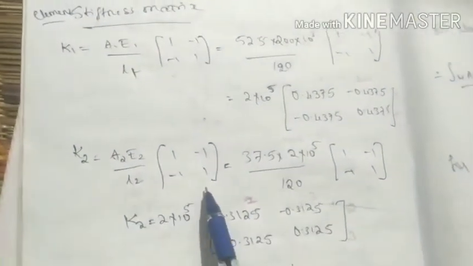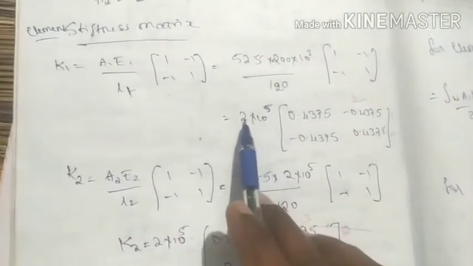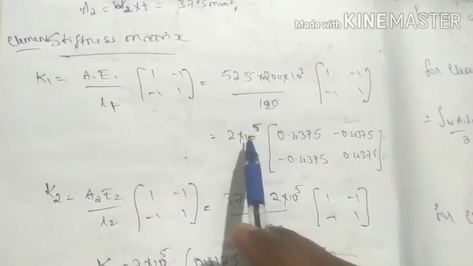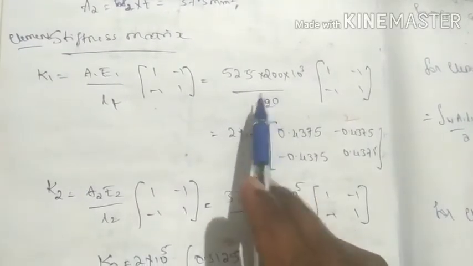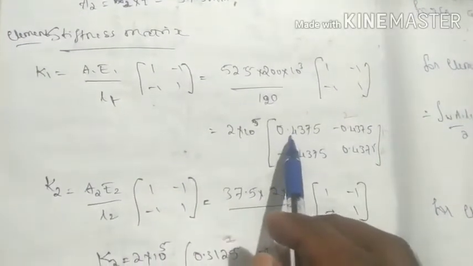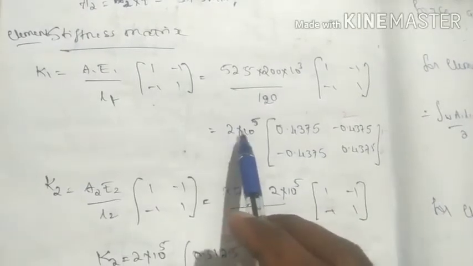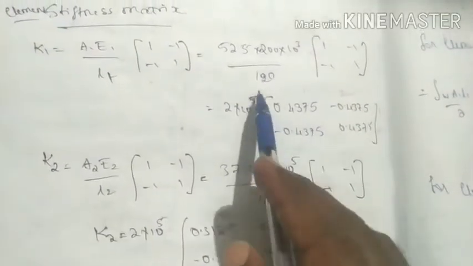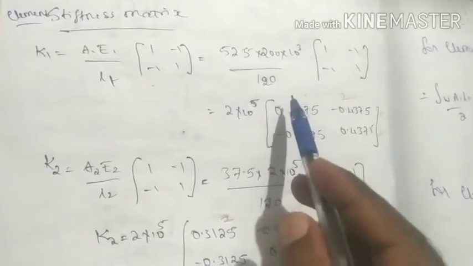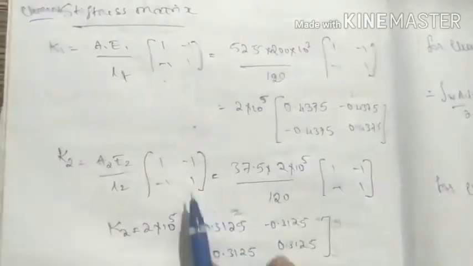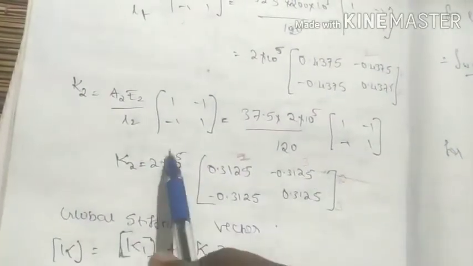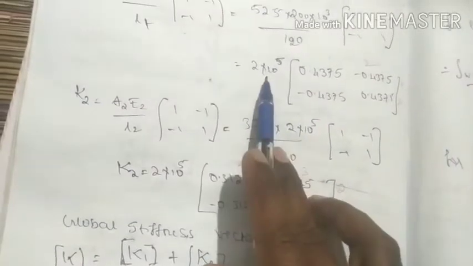Similarly, K2. This value becomes 0.437 into 10 raised to 5. You can multiply the 2 inside, or keep it outside. You can do it either way, you will get the same. Whatever you keep for K1, keep the same for K2.